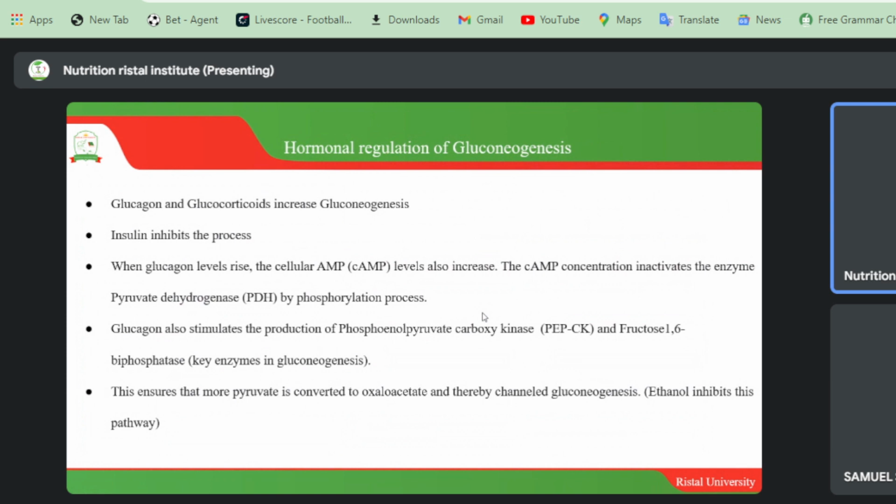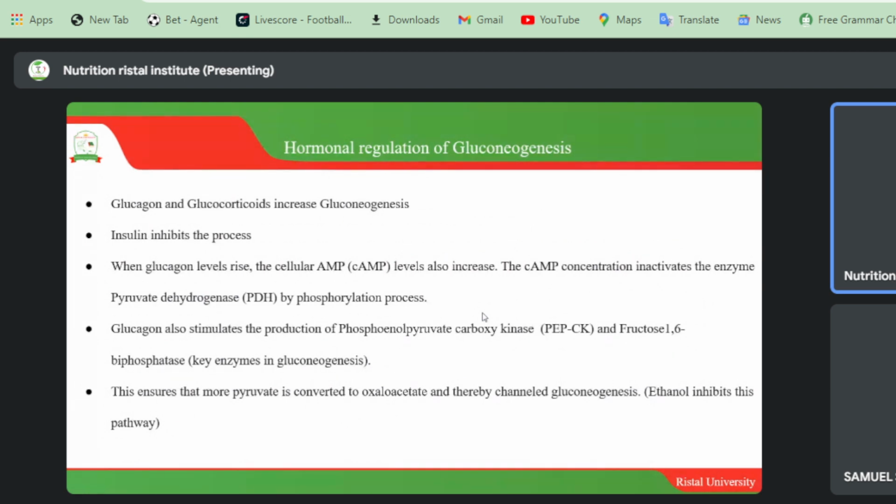Going further, still under the regulation, we have hormonal regulation of gluconeogenesis, in that glucagon and glucocorticoids increase gluconeogenesis. To understand this, glucagon is one of those hormones produced from the pancreas, and glucocorticoids are also some of those substances that can result in an increase in gluconeogenesis.